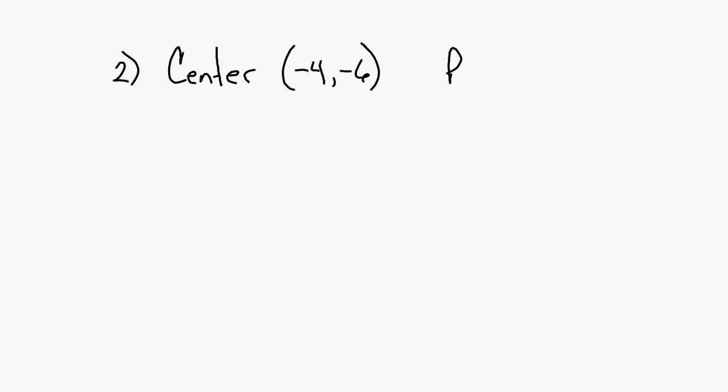Number 2. What is the equation of a circle with a center? The center is at -4, -6. That passes through the point -7 and -8.